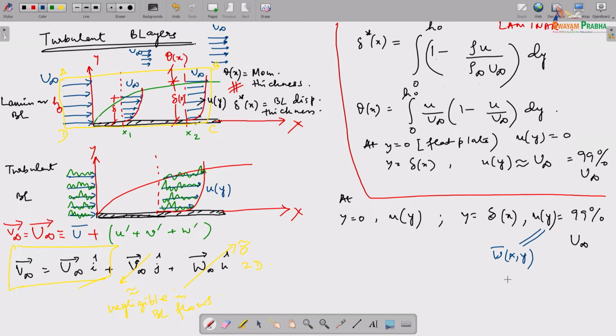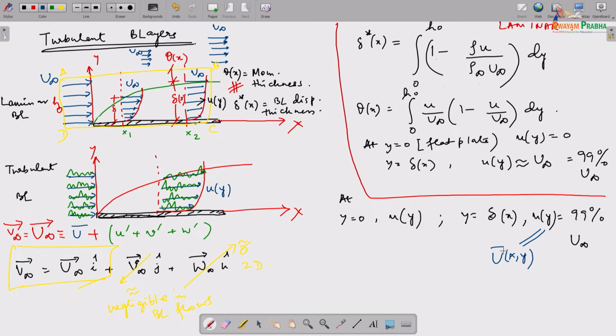The thickness is defined as the height at which the mean velocity in the x direction is equal to 99% of the free stream. So, essentially that is the difference. What you do is take the mean in the x direction, that is all.